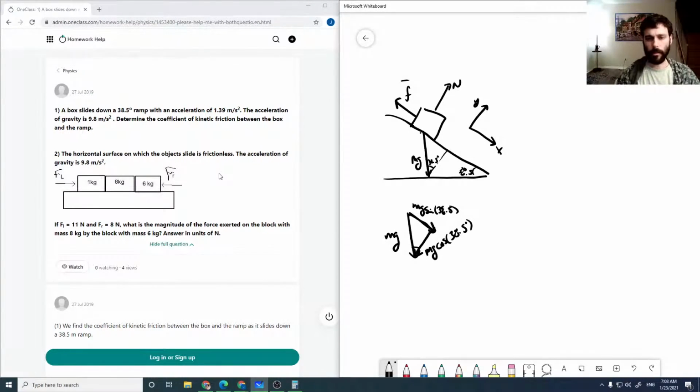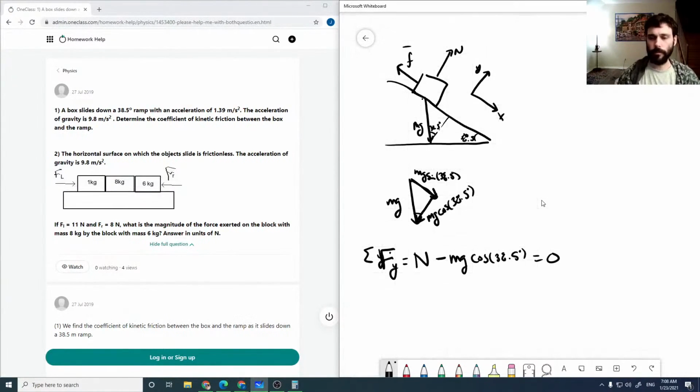So if we look at our sum of forces in the y, this equals our normal force minus our mg cosine of 38.5 degrees, which equals 0 as the box isn't moving up or down in our y direction.